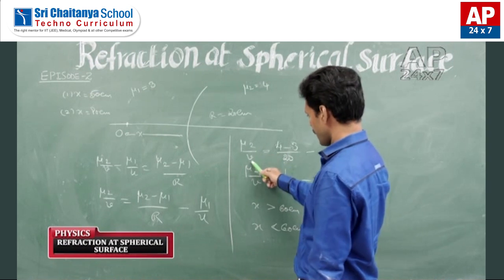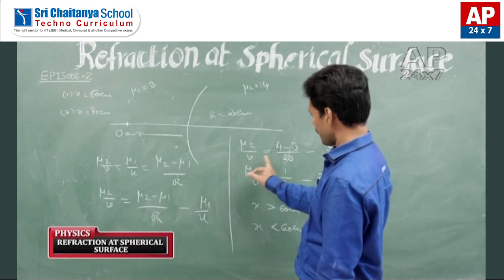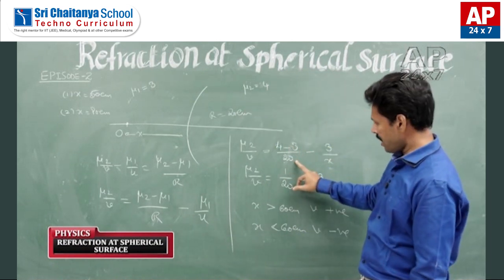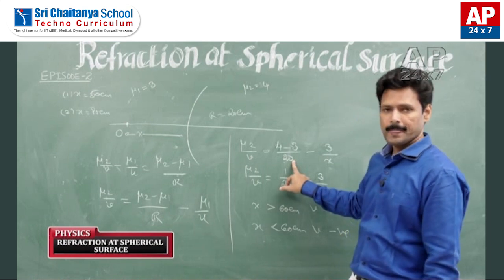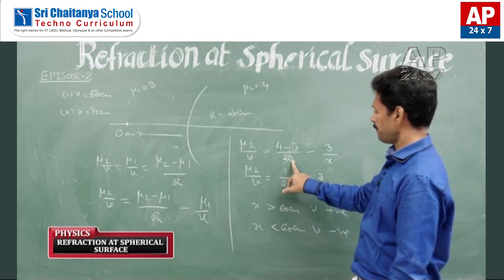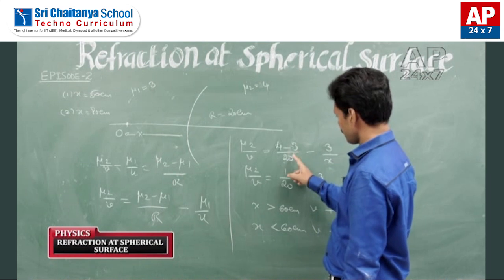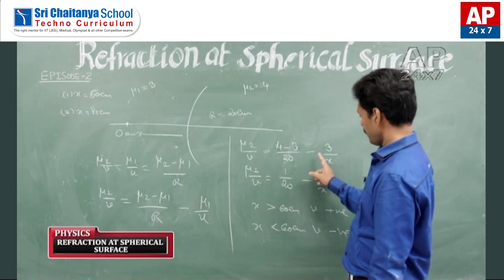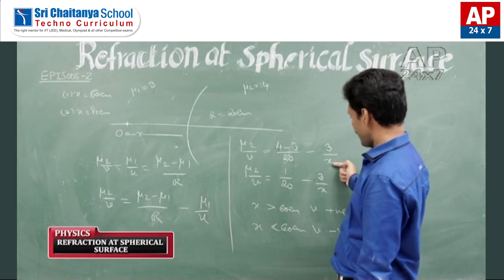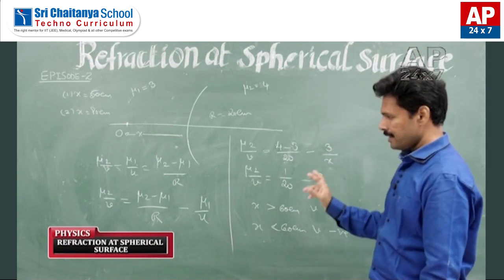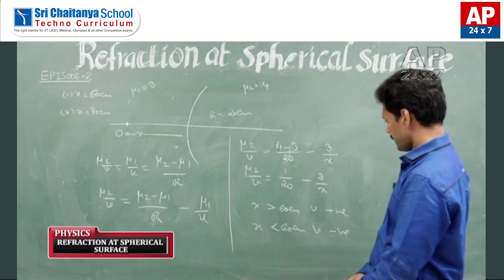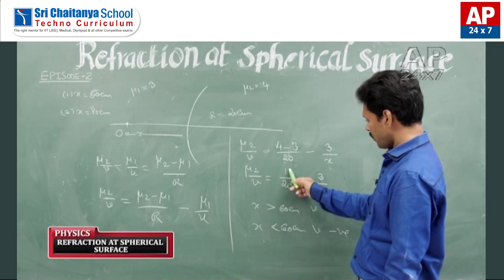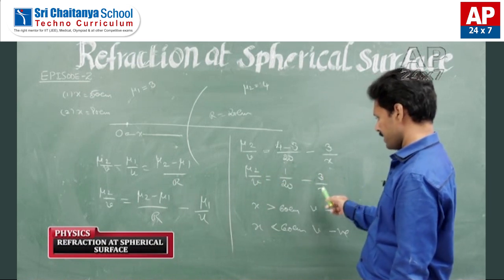So mu2 by v is equal to mu2 minus mu1, 4 minus 3 by r, r is now positive according to sign convention. So 4 minus 3 by 20, 4 minus 3 is 1, so 1 by 20 minus mu1 is 3 by x, it is now distance of the object. Now see what we get here, mu2 by v is equal to 1 by 20 minus 3 by x.